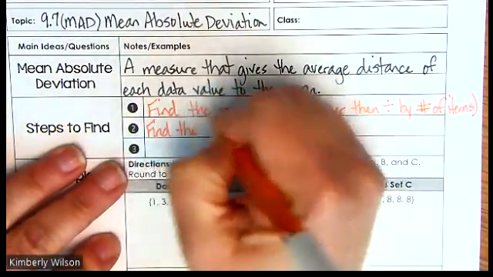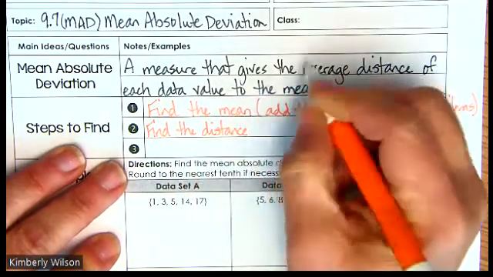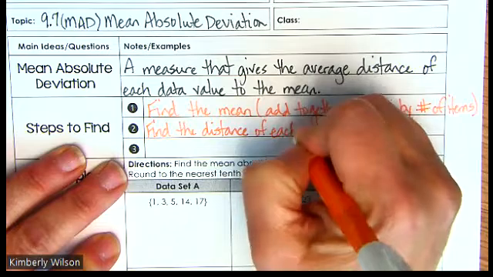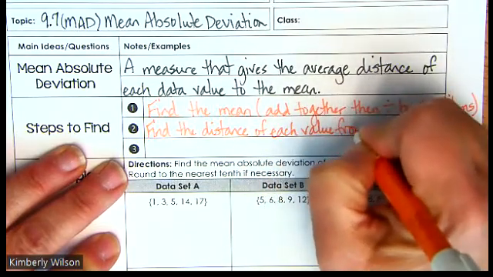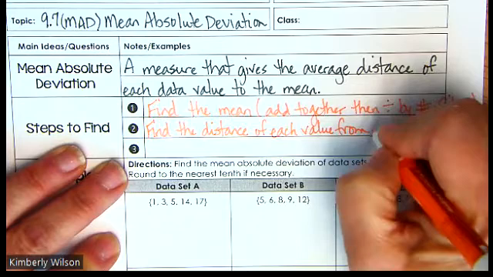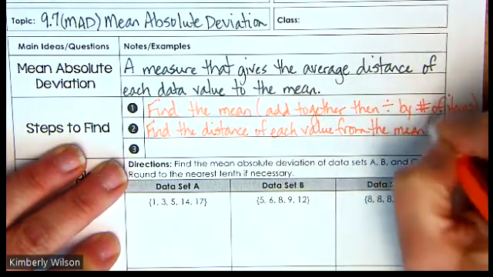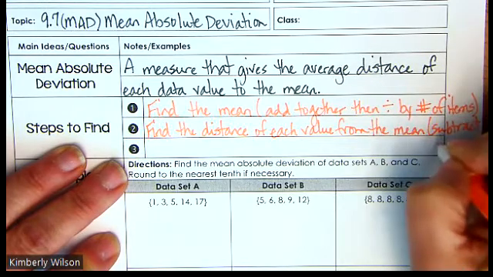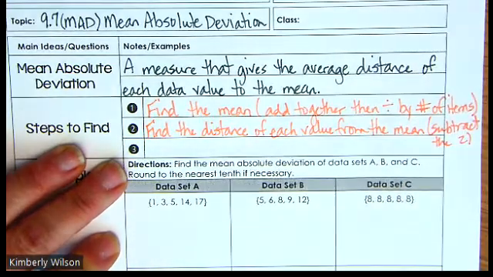All right, then step two, find the distance of each value from the mean, which means I subtract the two.